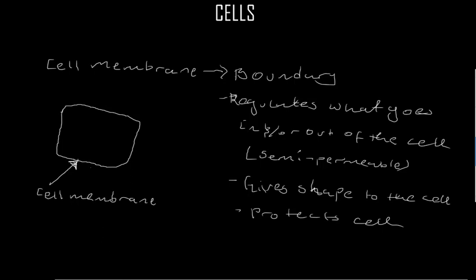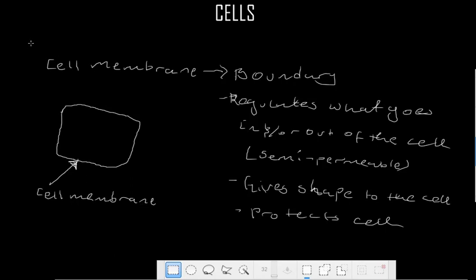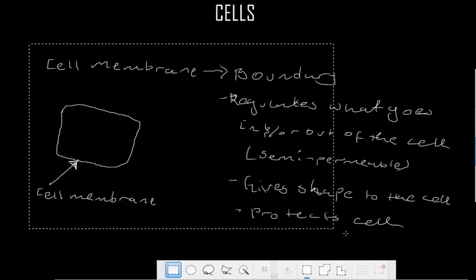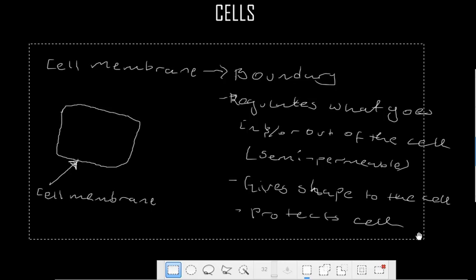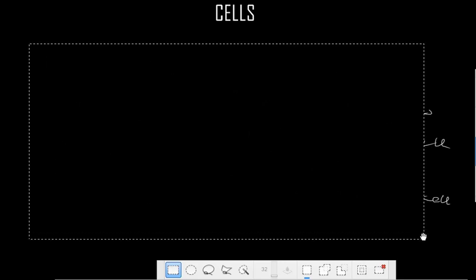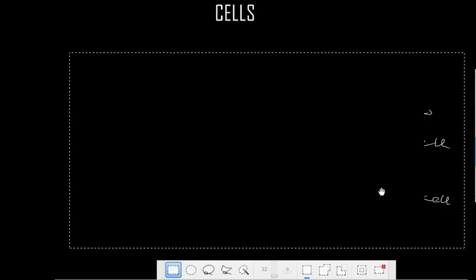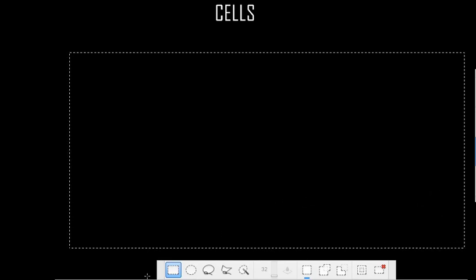So we move on to the next part of the cell that is common to both animal and plant cells. The second structure that is common in both animal and plant cells is what is known as the nucleus. So what is the nucleus?